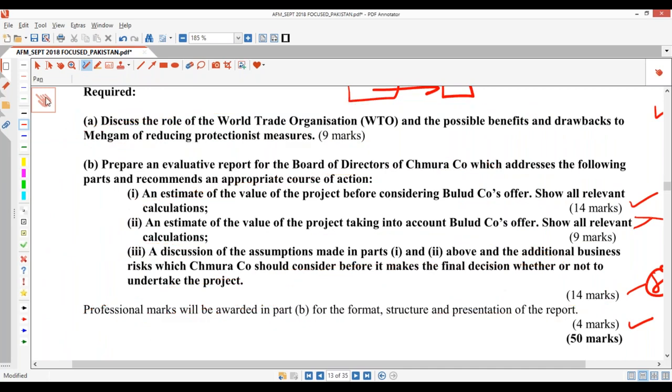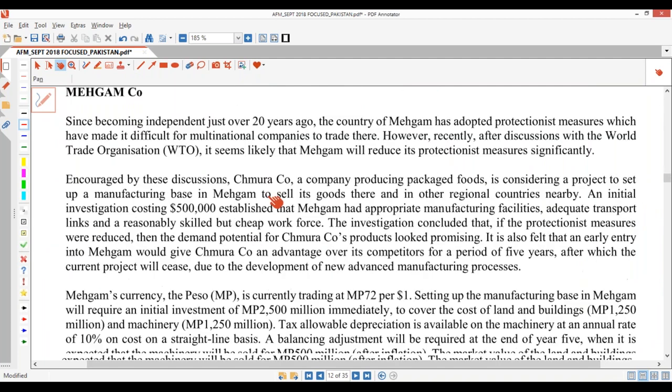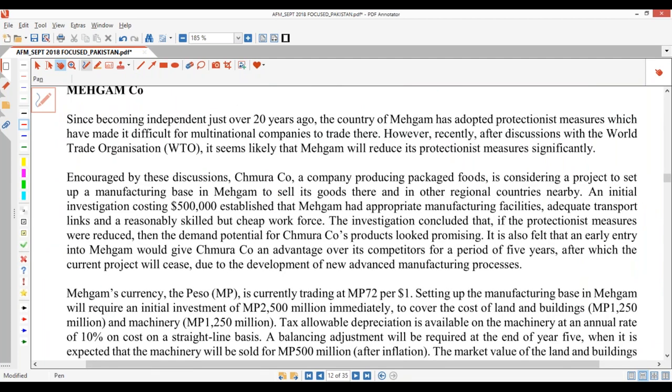Now you have this long question here. Very quickly, we're just going to highlight the important areas. Since becoming independent over 20 years ago, the country MEGAM has adopted protectionist measures which have made it difficult for multinational companies to trade there.